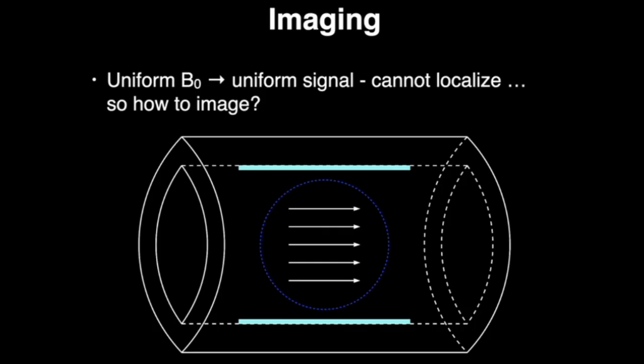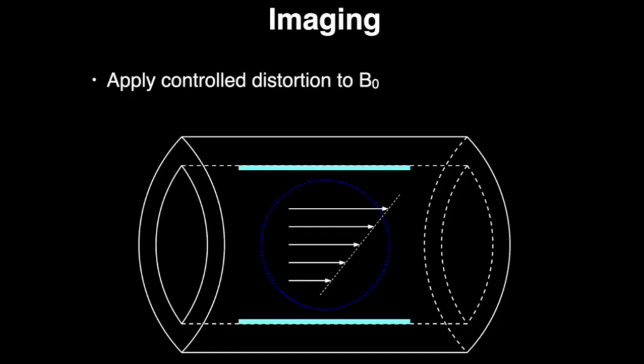So to get around that, as part of the imaging process, known controlled distortions are applied to that main field. This is usually done by applying what are called linear gradient fields. That gives us a spatial variation in the magnetic field your species are seeing at each location.